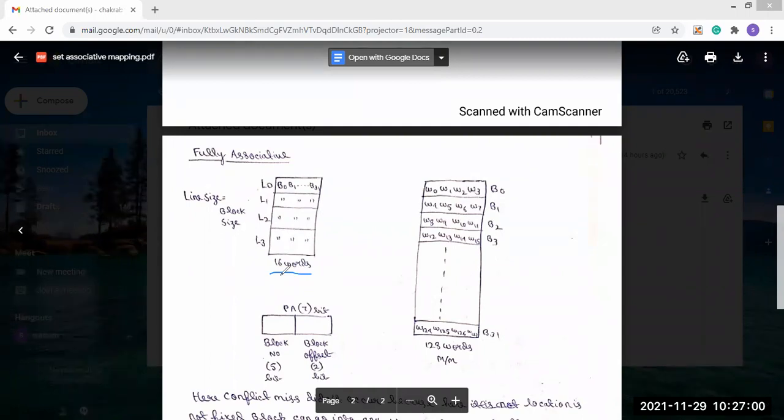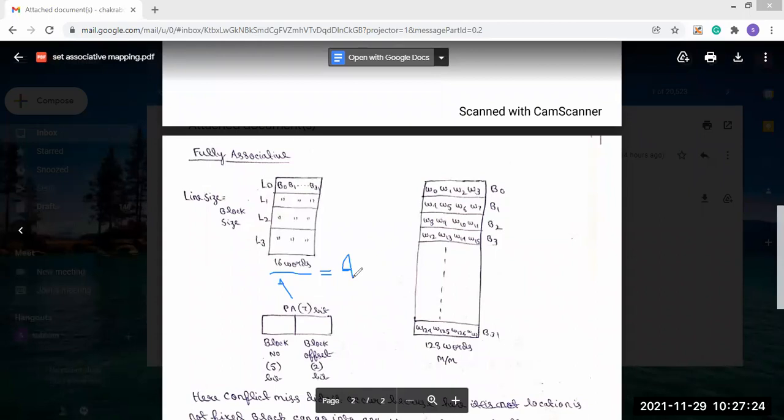That means in a line, 4 words should be present, and these 4 words are for a single block. So in a line at a particular moment, 1 block is present. 16 divided by 4 means a total of 4 lines are present here.